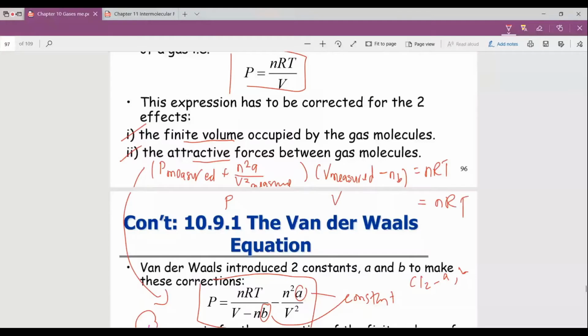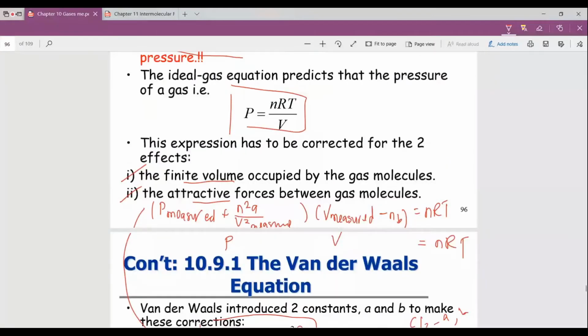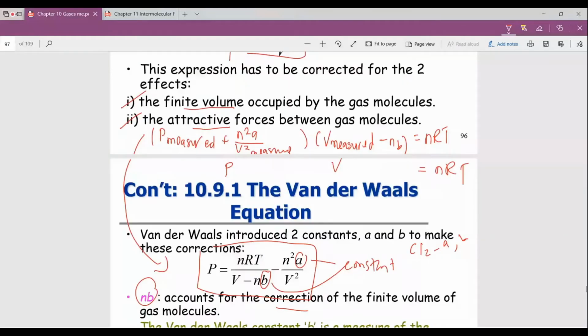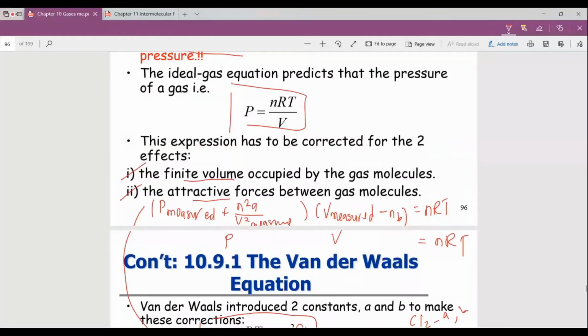We corrected this equation, the van der Waals equation, due to the higher pressure. We corrected with the P measured plus the correction factor, and the volume measured minus the correction factor for the gas.